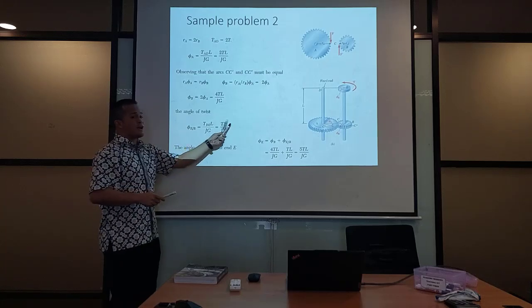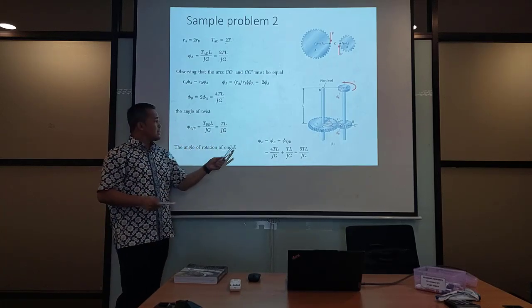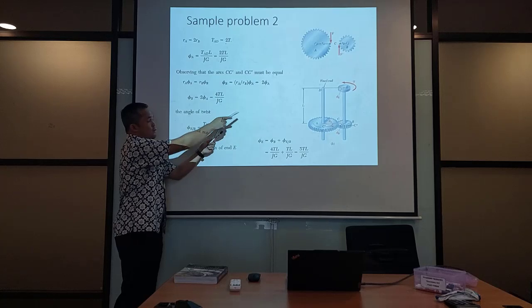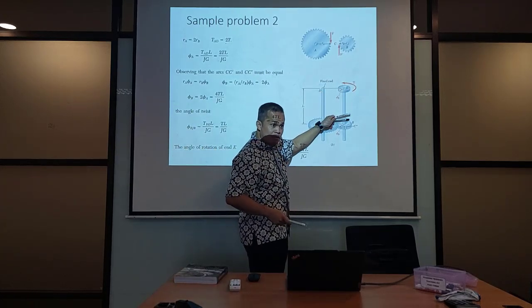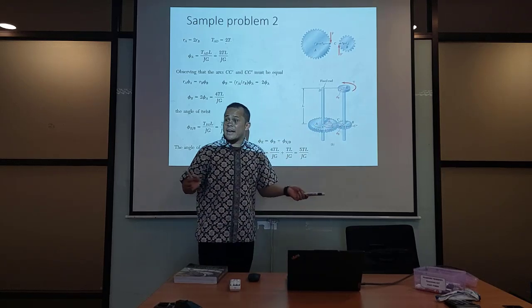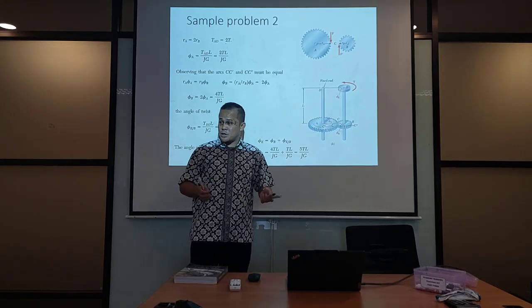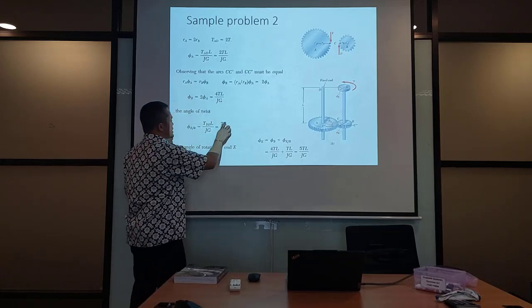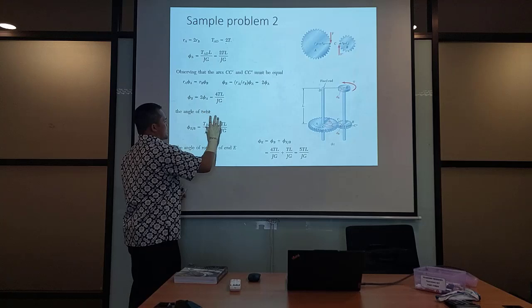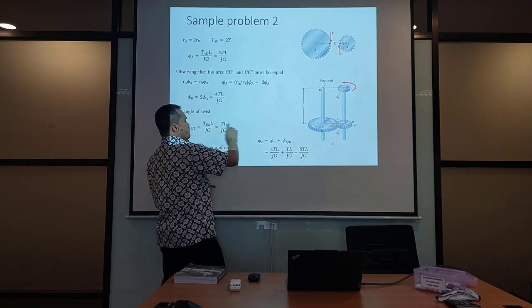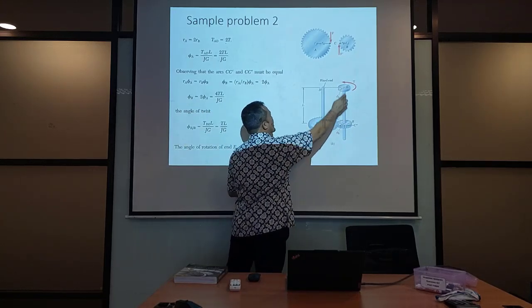It is TL over JG again. The T is of course the same T because that is the only T applied to the shaft. No gearing transmission. The L is the same, JG is the same, and so you get this one. This is the twisting angle from B to E.